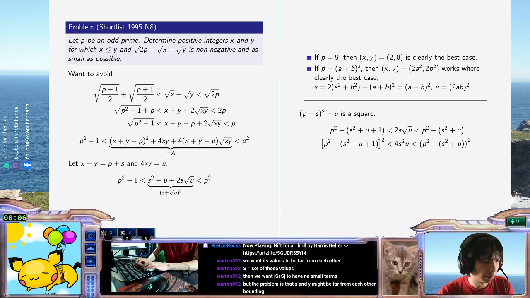Problems that x and y might be far from each other, bounding. Ah, jeez.